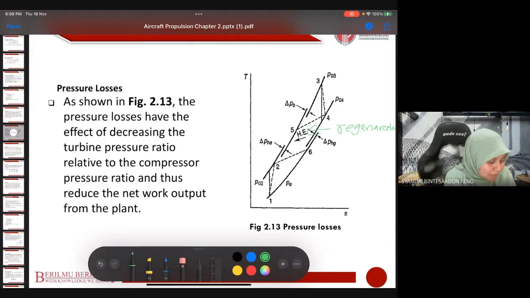If you look at the first part, from 1 to 2, that is the compression process. From 1 to 2, the stagnation properties to pressure 2. That is the ideal process, the vertical line. It means that there is no loss, if the efficiency is ideal.